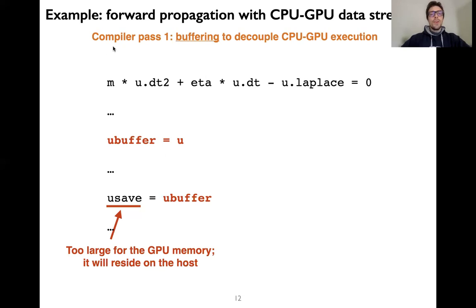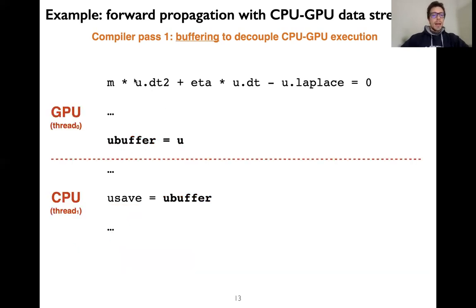Then what the first pass does is use buffering to decouple the CPU execution flow from the GPU execution flow. So the compiler introduces this equation, ubuffer equals u. So ubuffer lives on the GPU. There's going to be a thread driving the GPU computation, which computes the isotropic acoustic wave equation and at some point saves a slice of the wave field into this buffer.